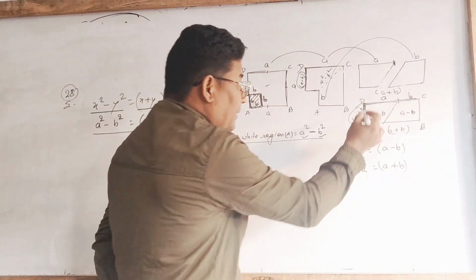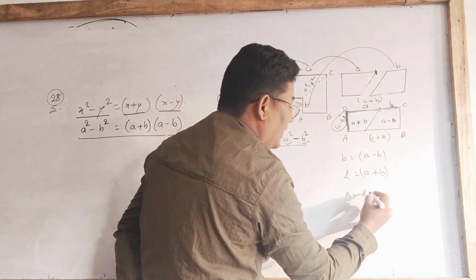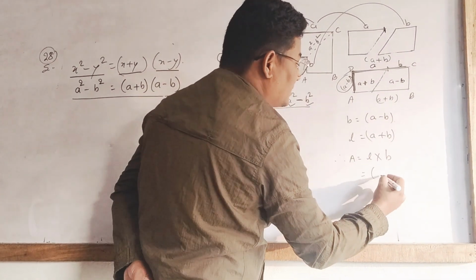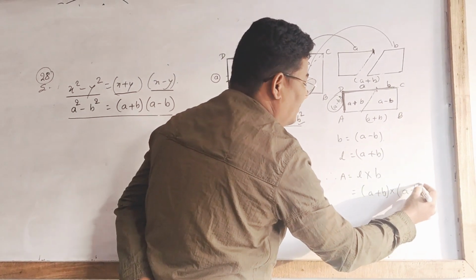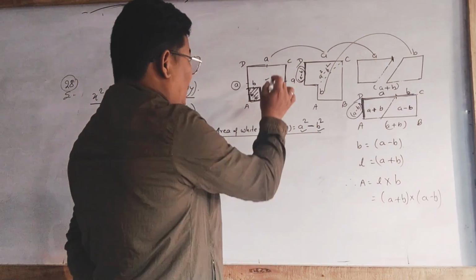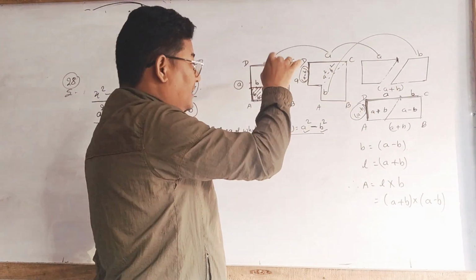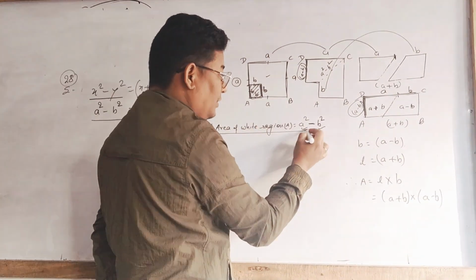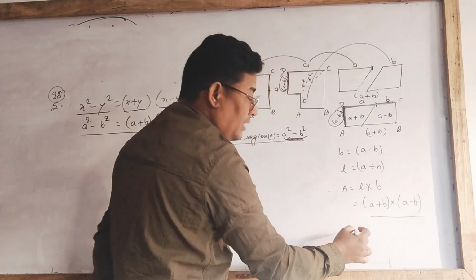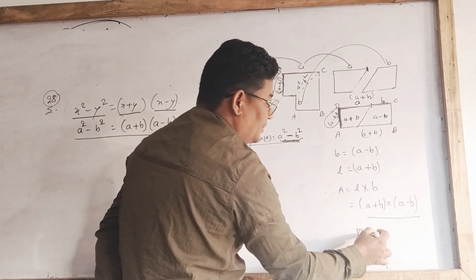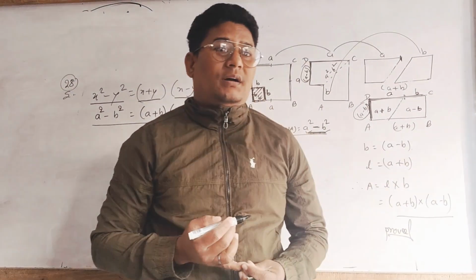And we know that because it is a rectangle, the area of a rectangle is length into breadth, means A plus B into A minus B. So A square minus B square equals A plus B into A minus B. This is the method of diagram.